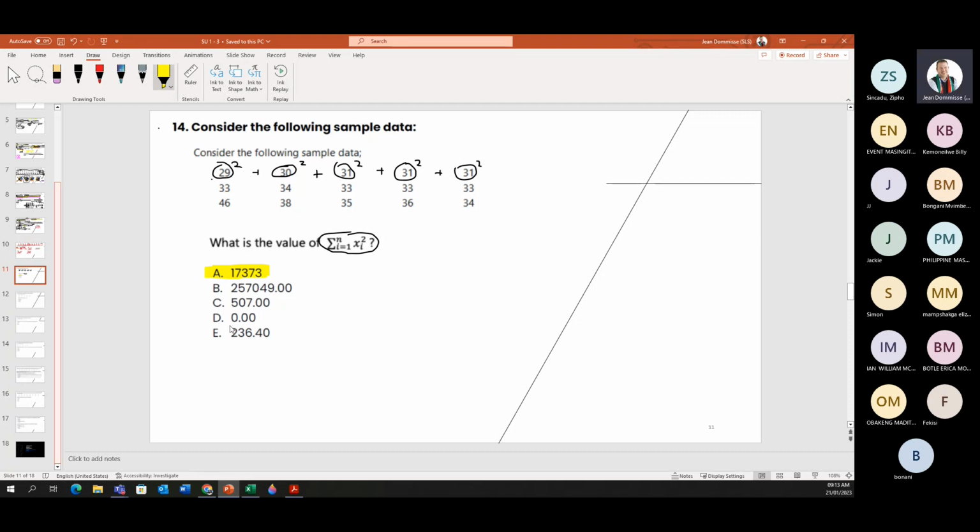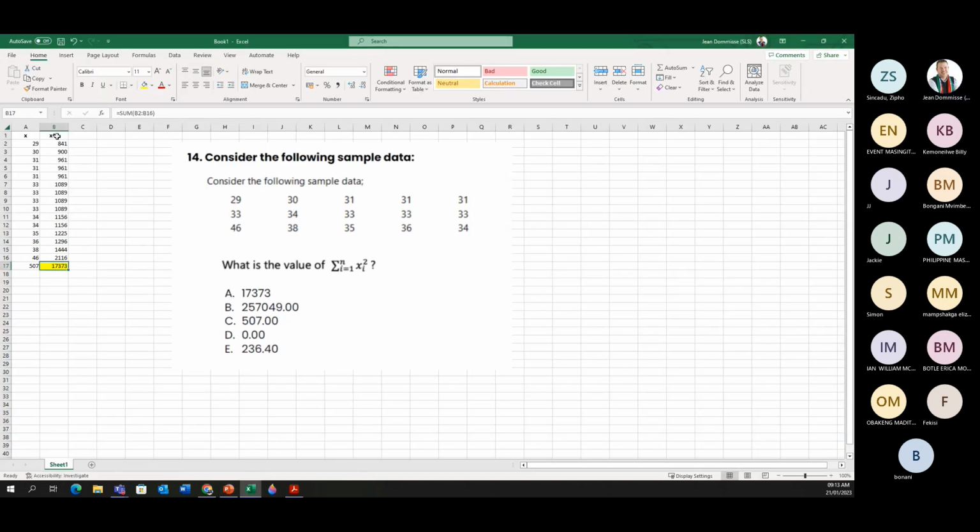Again, in the exam, you will probably not get this bigger set of data. If you get it, it will be smaller, but then you can rather use Excel or your calculator.